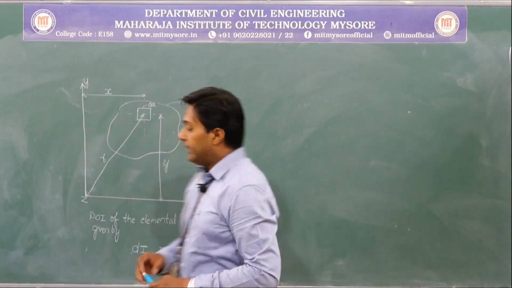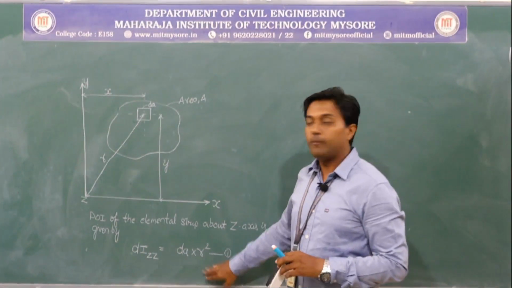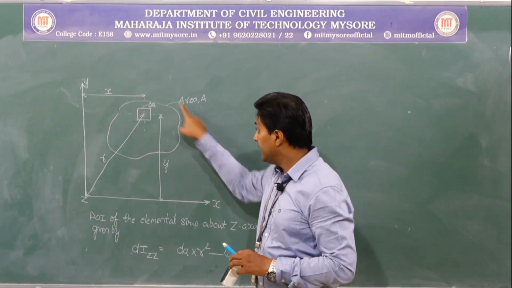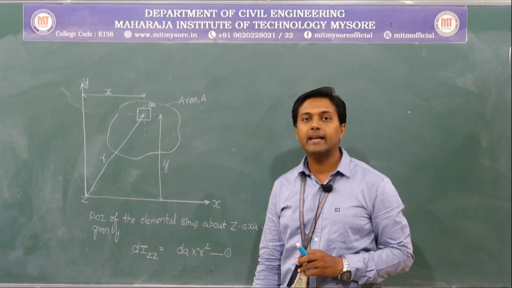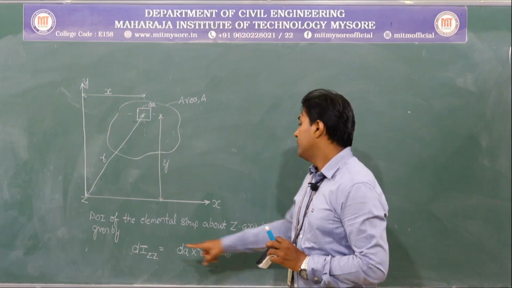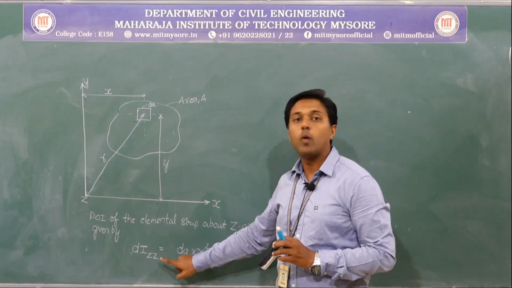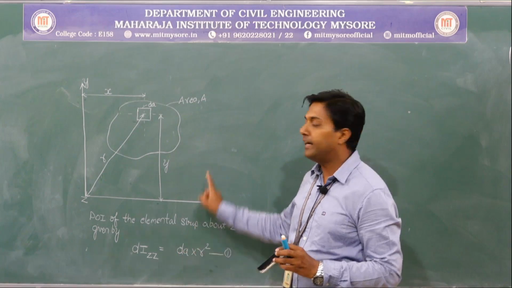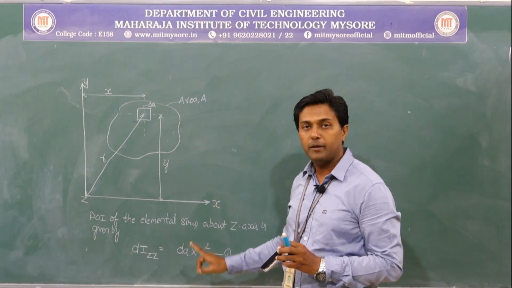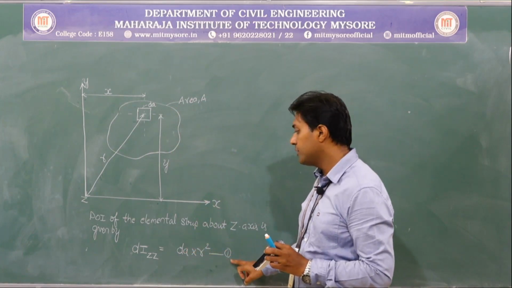Next, for the same thing, if I want the moment of inertia for the entire area, then we need to integrate equation 1. The polar moment of inertia for the entire area is obtained by integrating equation 1.